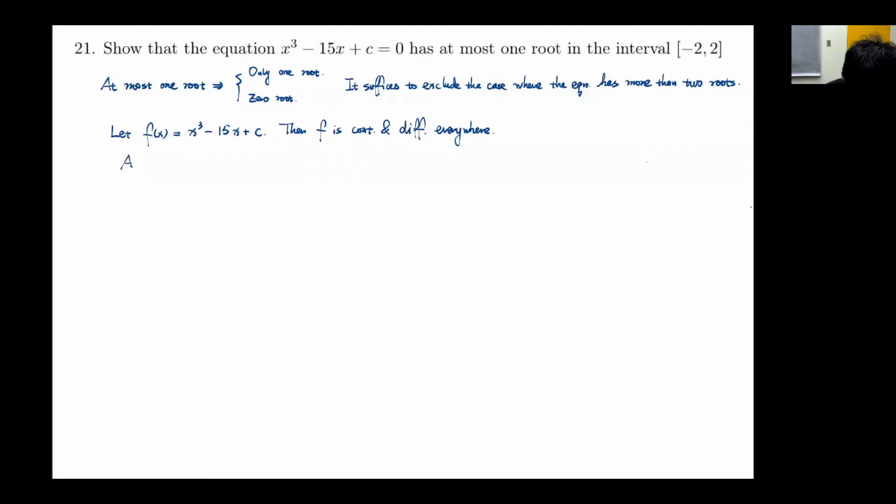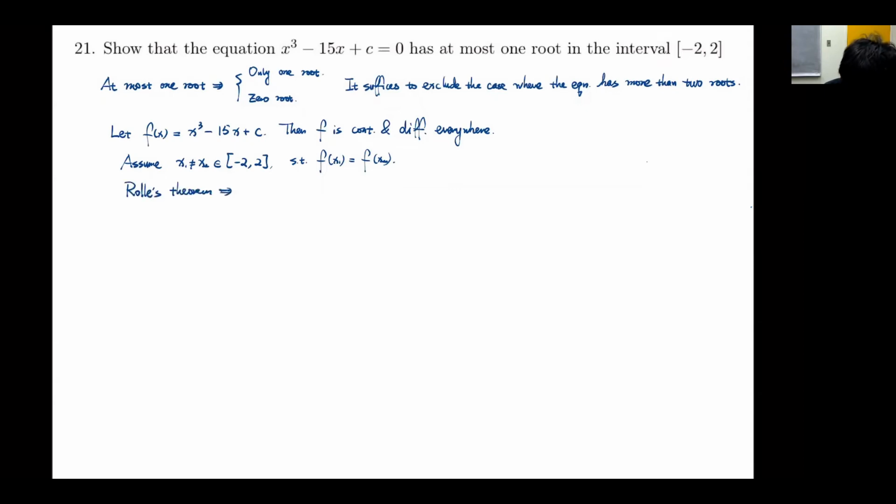Okay, so assume x1 and x2 are two numbers in the closed interval such that f of x1 equals f of x2. And moreover, we could assume that x1 and x2 are not equal to each other. Then you can apply Rolle's theorem.